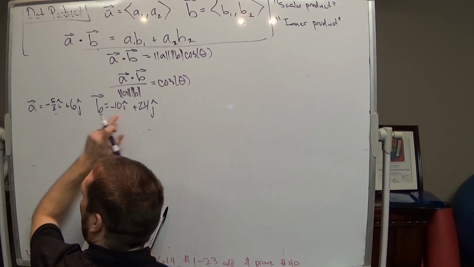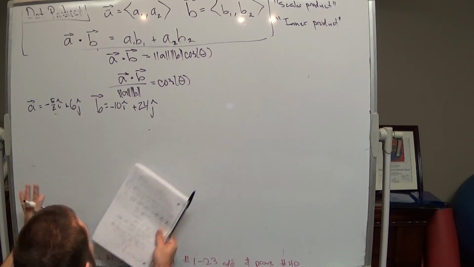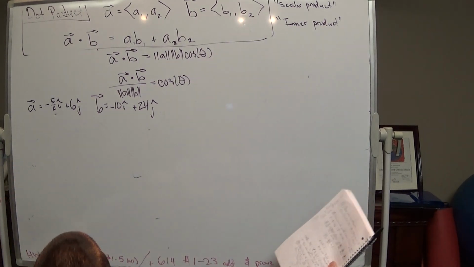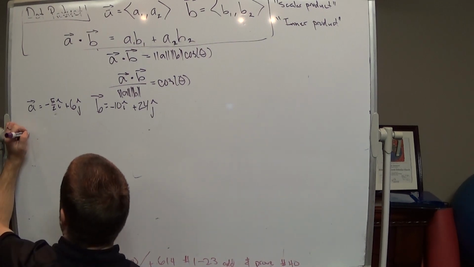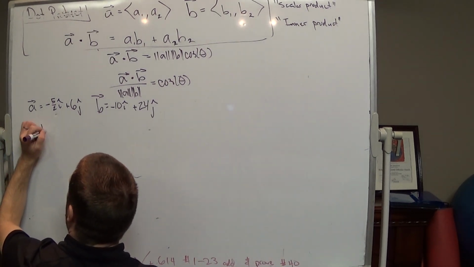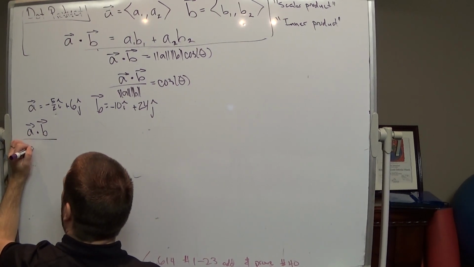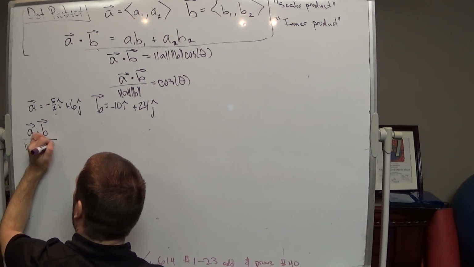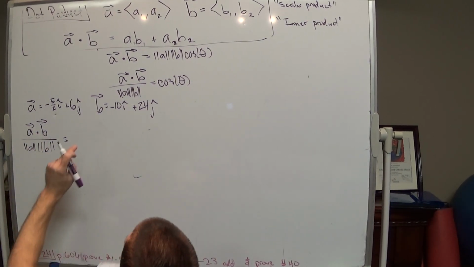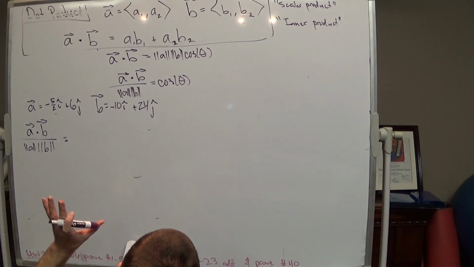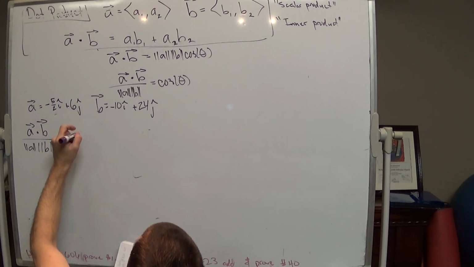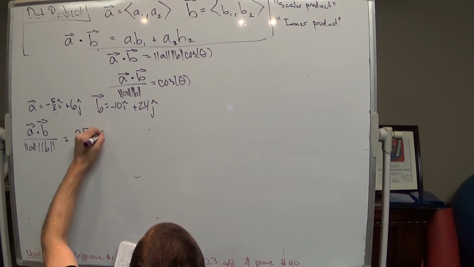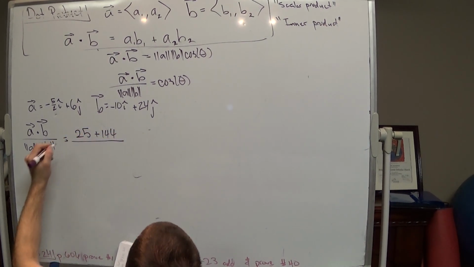So we know what we're trying to do. We're trying to figure out if they're parallel. So let's go A dot B and then divide by their magnitudes. We're going to go A dot B, divide by the magnitude of A, divide by the magnitude of B. So that you can trust me on this, it would take too long to write out. This turns out to be 25 plus 144 on the top.